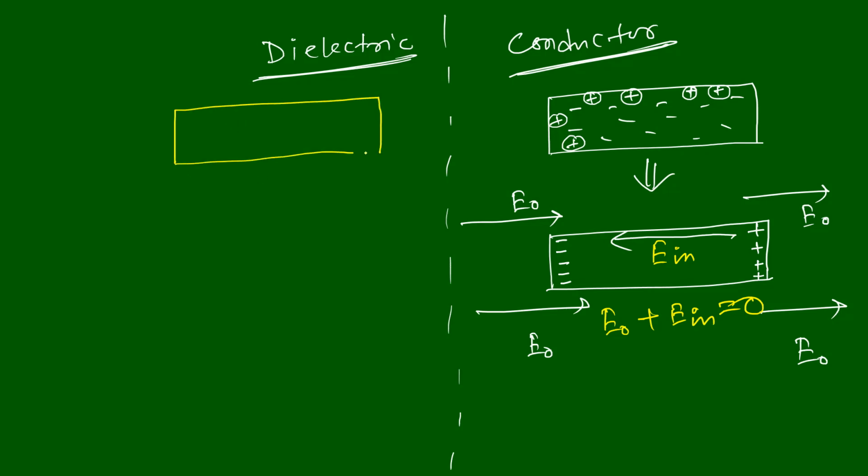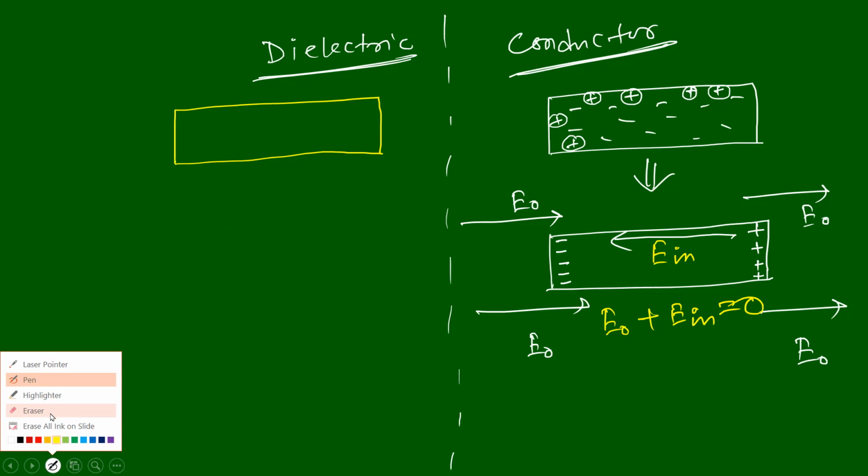One is a polar dielectric, another is a non-polar dielectric. At this time, as I have not told you what is polar and what is non-polar, I'm just drawing the diagram of a non-polar dielectric. Okay, let me tell you at first, otherwise you will not understand what is polar and what is non-polar. Then it will be easier to understand.